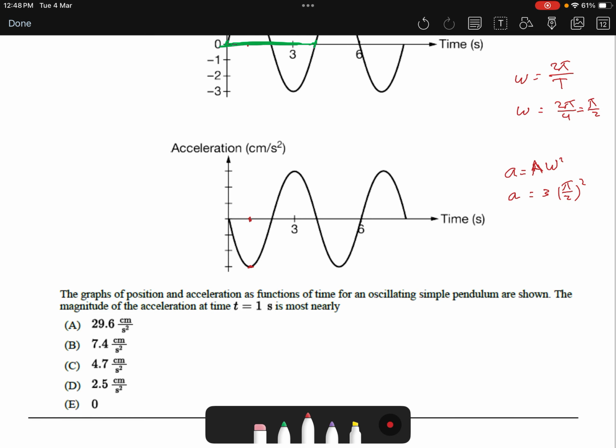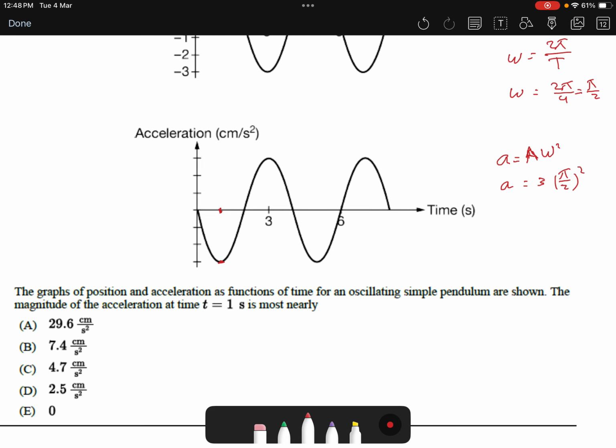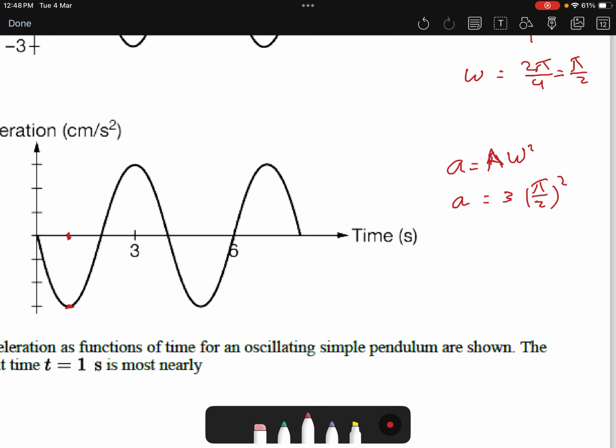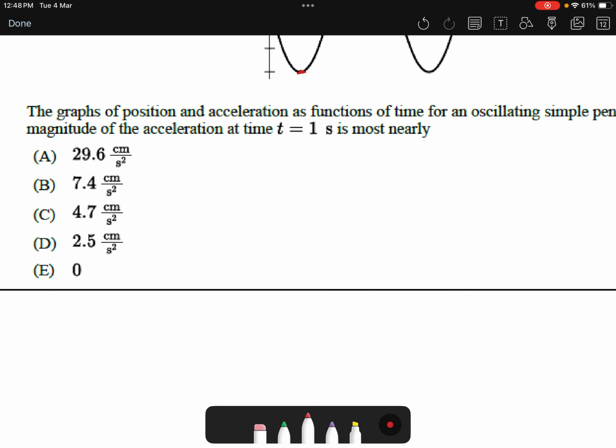Now, maybe you will ask why we didn't convert 3 from centimeter to meter. Actually, because we can see here the units used in the options are centimeter. So let's keep it centimeter. Okay, using the calculator, acceleration equals 7.4 centimeter per second squared. Look at the options and you will find that the answer is B.